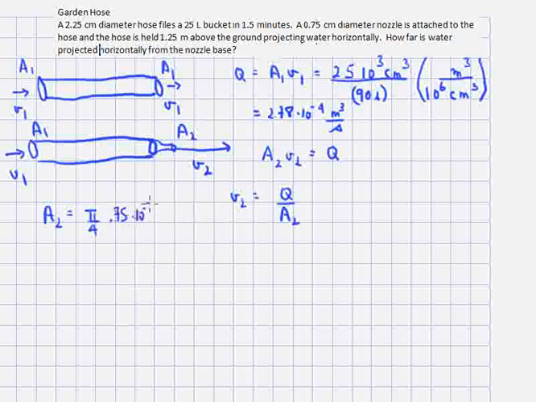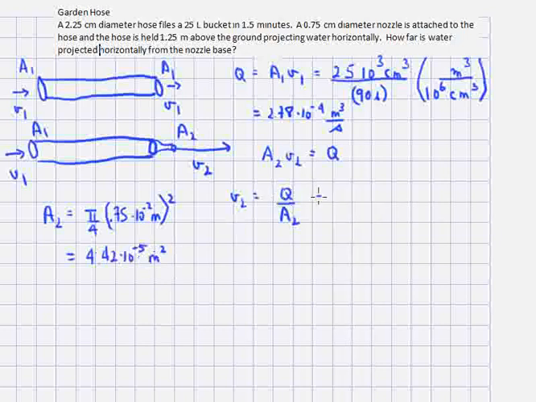That's 0.75 times 10 to the minus 2 meters squared, keeping everything in meters here, and that comes out to be 4.42 times 10 to the minus 5 square meters.